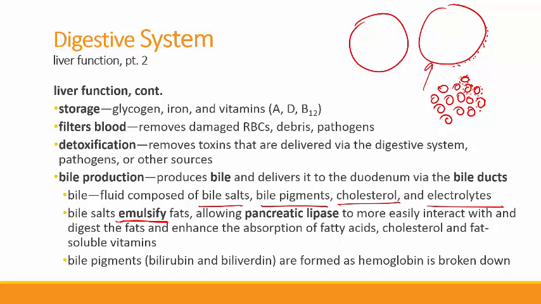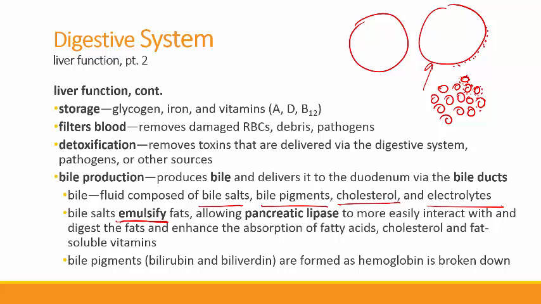So the bile salts, their job is to emulsify those fats, and that allows the pancreatic lipase to more easily interact with and digest those fats, and it enhances later on, bile salts do, the absorption of fatty acids, cholesterol, and the vitamins that are dissolved in the fat.